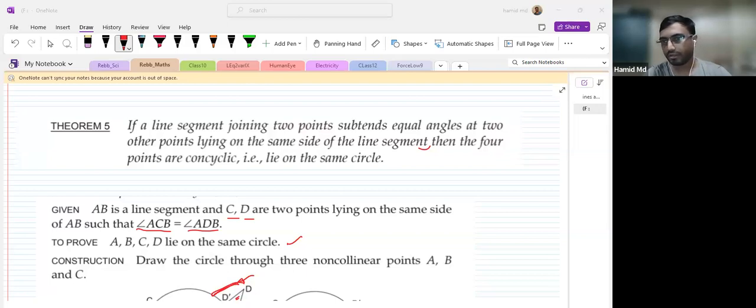Actually, for this lesson, we are not following NCERT fully. So let me tell you the name of the book we are following. Give me a second. This is the book name.